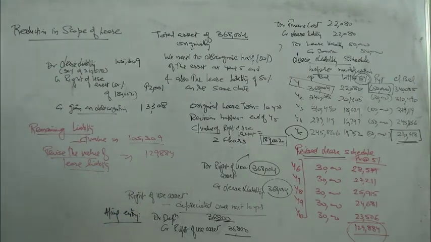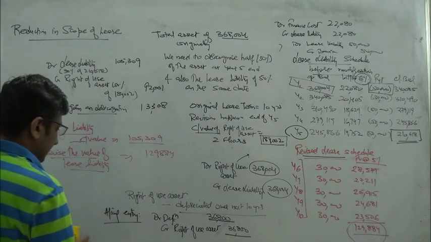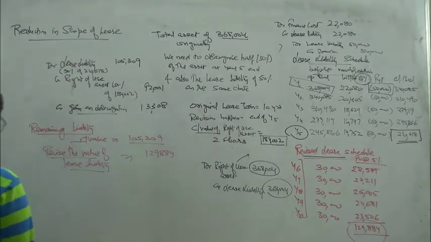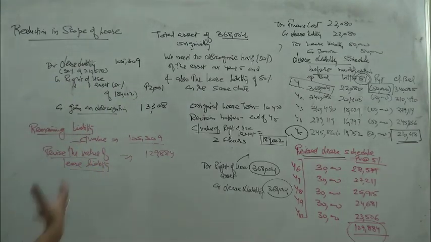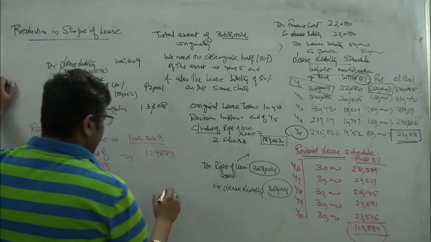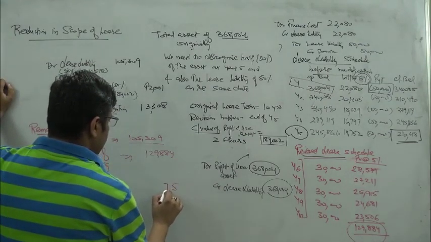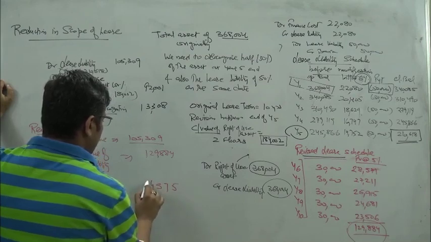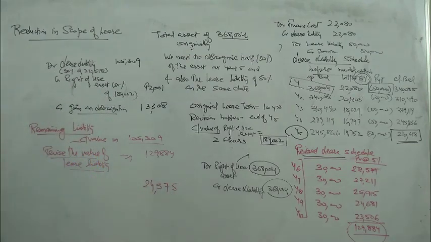And now what we are saying is, since there is an increase in the value of liability in totality, I should recognize this differential. So difference comes at 24575.